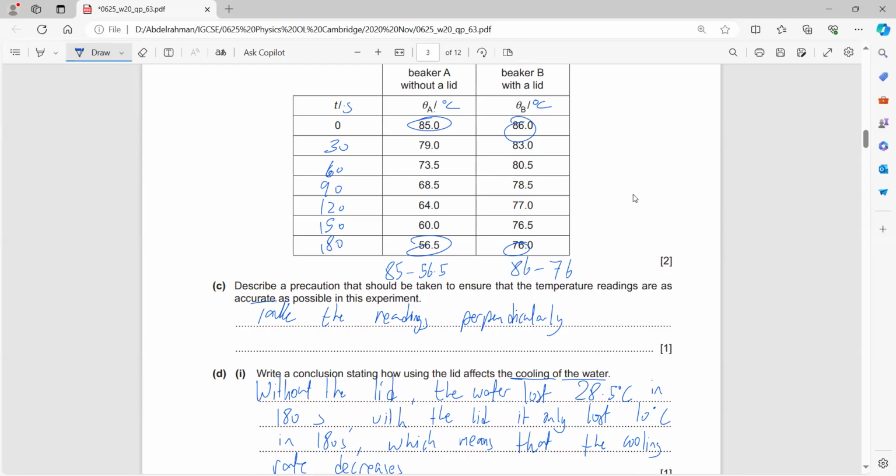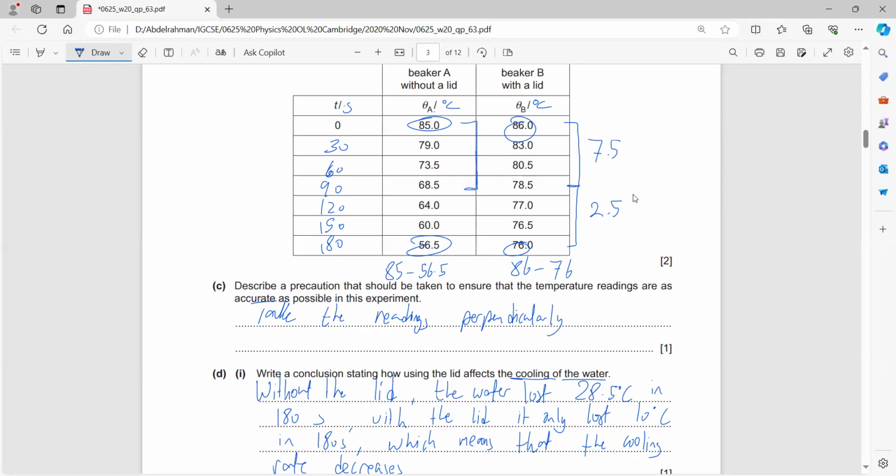Let's calculate, for example, the first 90 seconds. In the first 90 seconds, B went from 86 to 78, which is 7.5. In the second 90 seconds, it only lost 2.5. What about A?